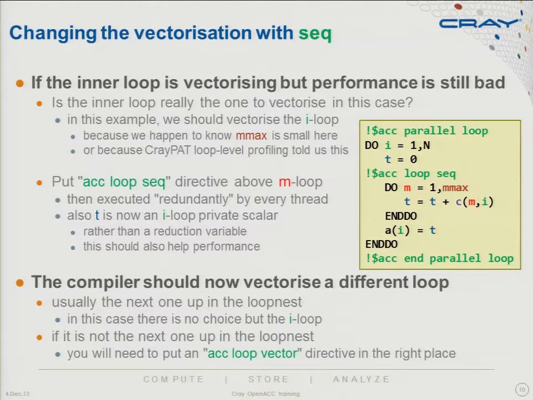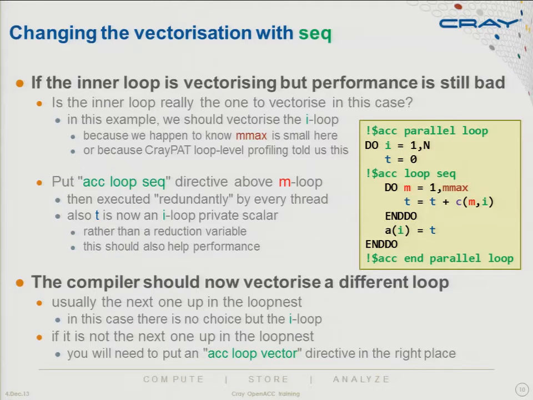If that's the case, then you say, actually don't vectorize this loop. So then you can say, do this loop sequentially. Then every thread will do every loop iteration here, and instead it should divide up this outer loop. You may get better performance as well, because if this is a partitioned loop, t is a reduction variable.